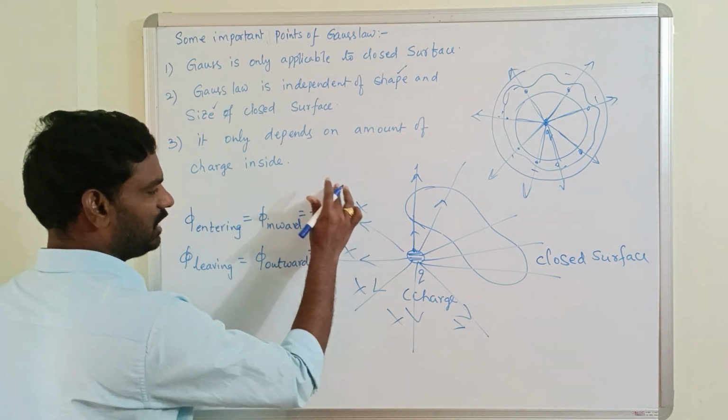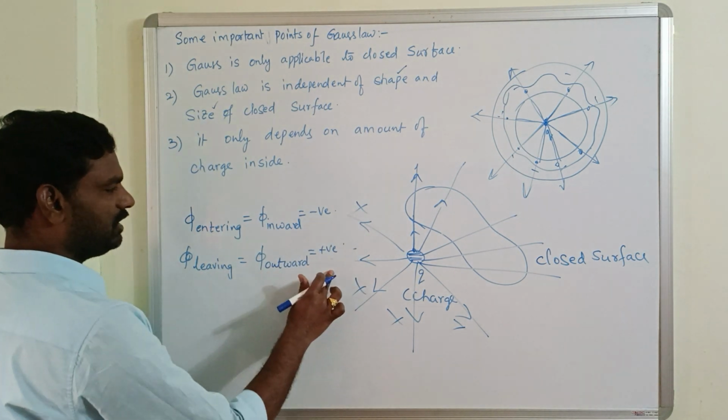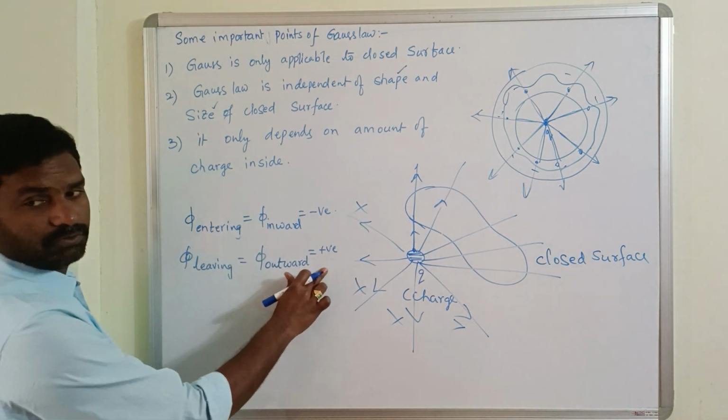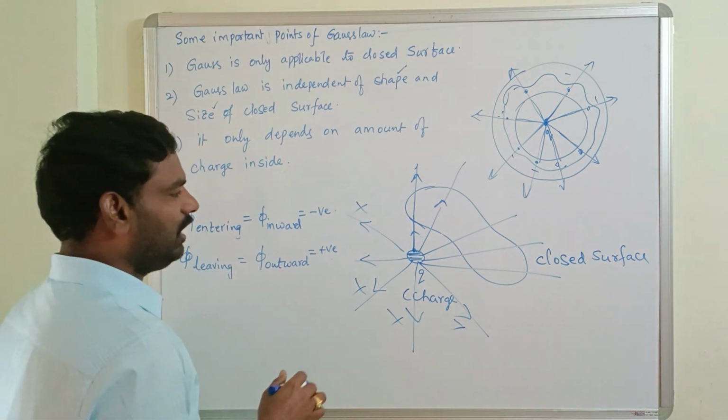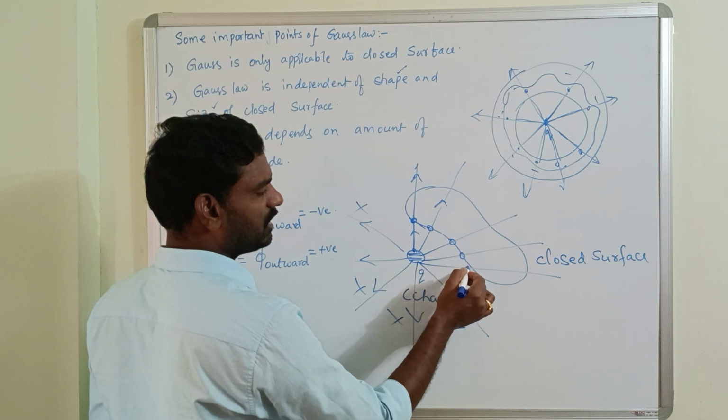Flux entry is negative, flux outward is positive. Okay, right. Here, how many field lines are entering? Negative flux. How many field lines are entering?